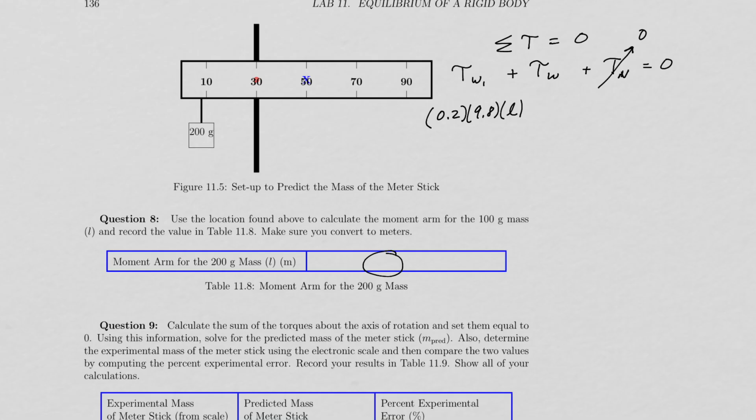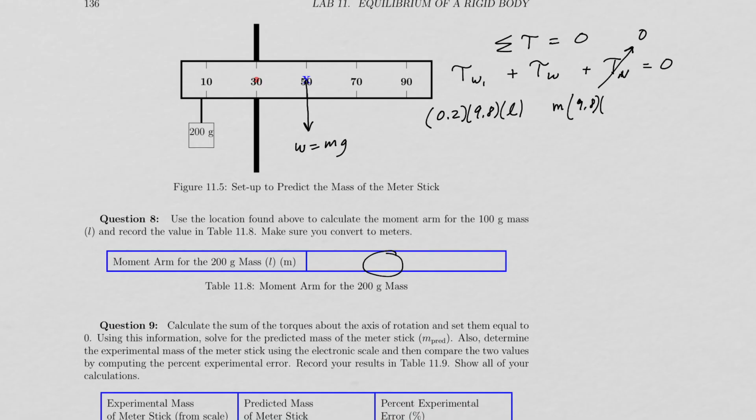And then I have one other force here, right? I have the force acting at the center of mass, and this is the weight of the meter stick, which is mg. So this is going to be the mass of the meter stick, which we're assuming we don't know, we're trying to predict this, times 9.8, that's the weight.